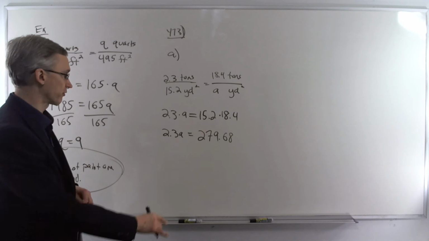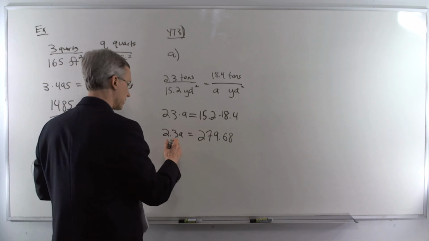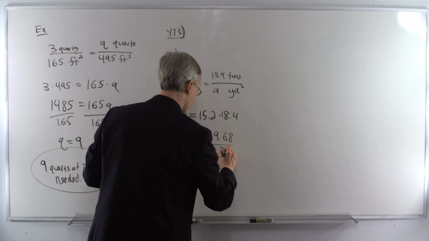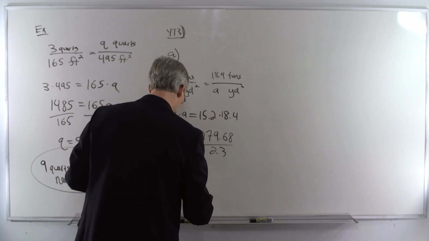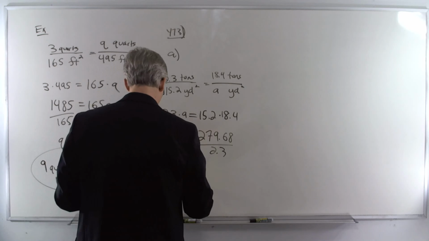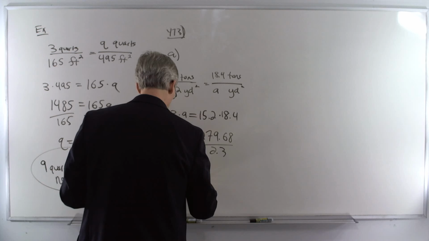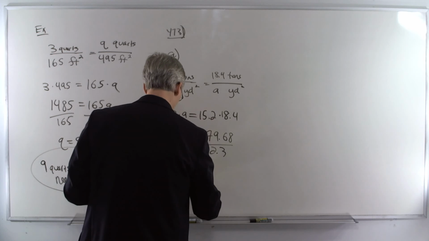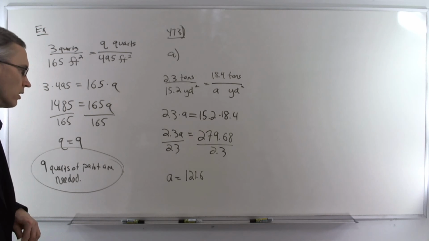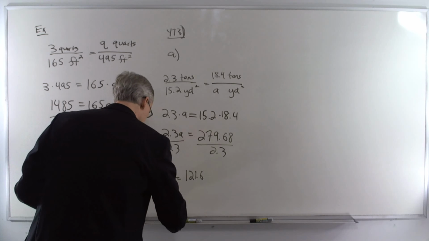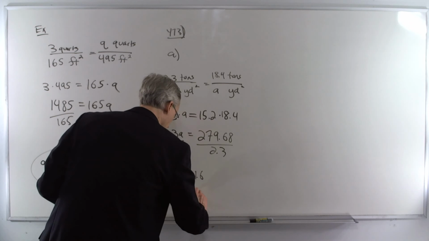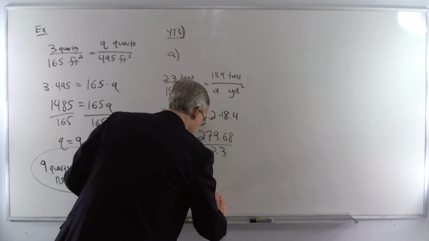And then finally, we're going to solve for A by dividing by the number next to A. And A equals 121.6. All right, so we get 121.6 yards squared of sidewalk.